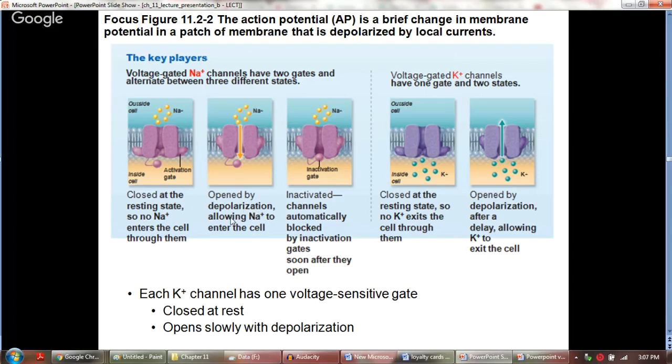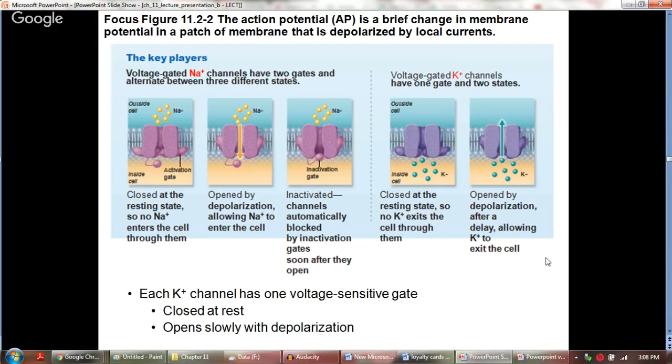And with the depolarization process, they are opened by depolarization and sodium ions come in. And the inactivated channels are automatically blocked by inactivation gates soon after they open. So these are the activation gates which open up, and the inactivation gates at the resting state are open.